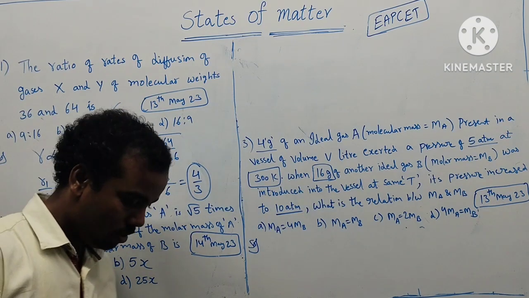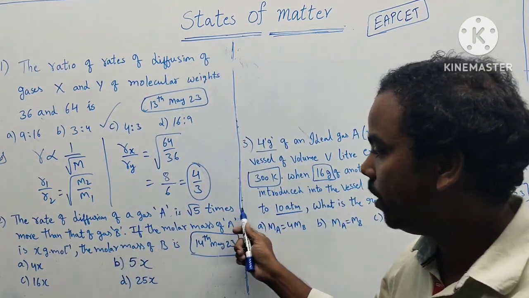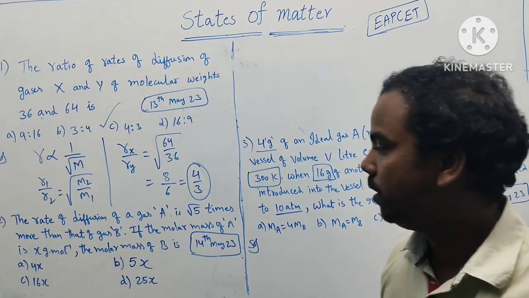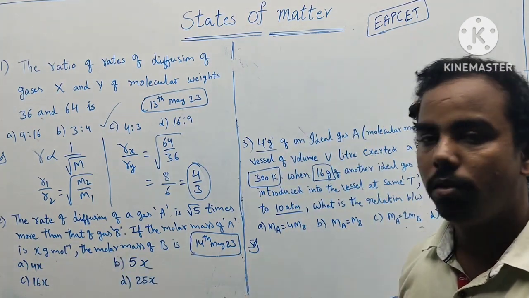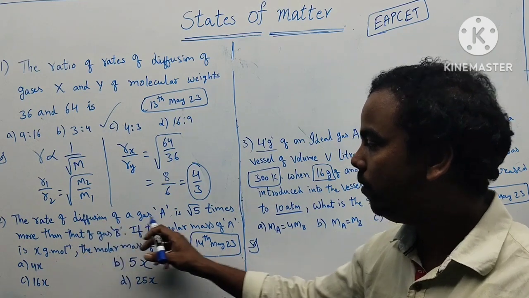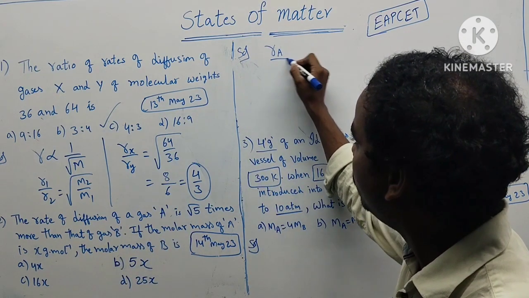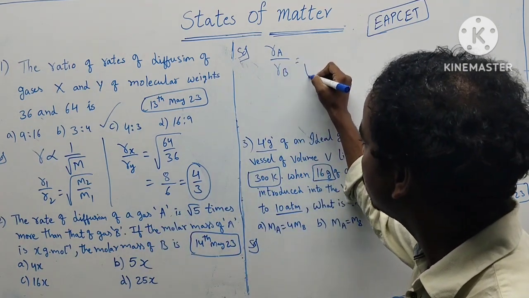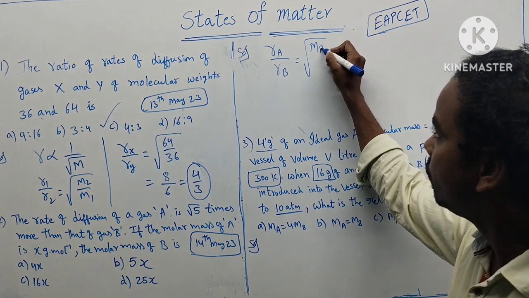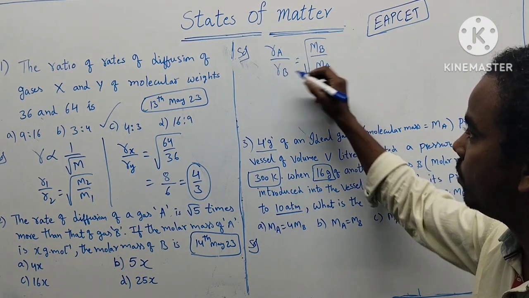So next question: the rate of diffusion of a gas A is root 5 times more than that of gas B. If the molar mass of A is x grams per mole, what is the molar mass of B? Ra by Rb equals square root of molecular weight of B by molecular weight of A, inversely proportional.